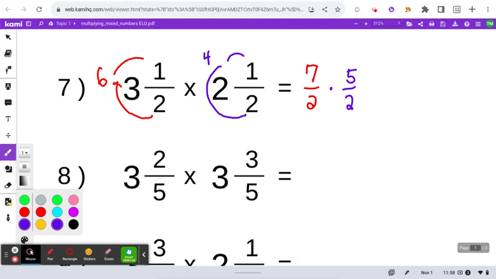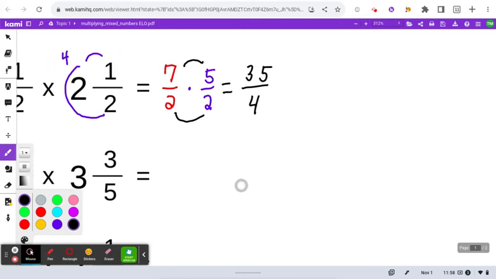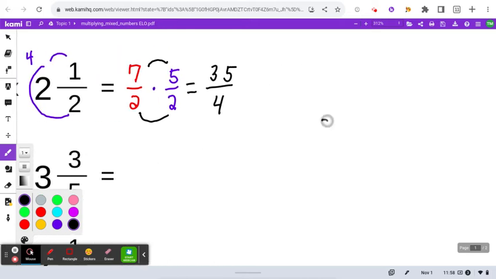For this one, I'm not able to cross cancel the 2 and the 5 or the 2 and the 7. So I'm going to start to multiply across. 7 times 5 is 35. 2 times 2 is 4. So now I need to divide to get the final answer. So I'll do 35 divided by 4.